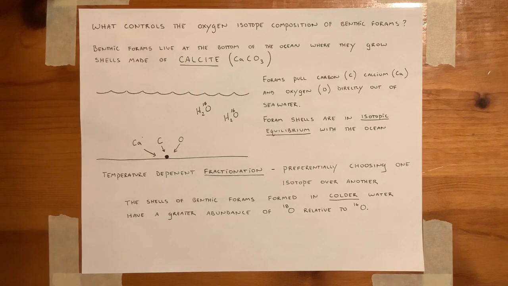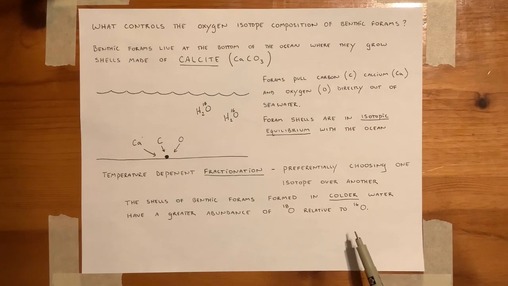Specifically, what this means is that the shells of benthic forams that are formed in colder water have a greater abundance of oxygen 18 relative to 16 than benthic foram shells that are formed in warmer water. So when a foram is living in relatively cold water, the shell that it grows will be enriched in oxygen 18 relative to oxygen 16.